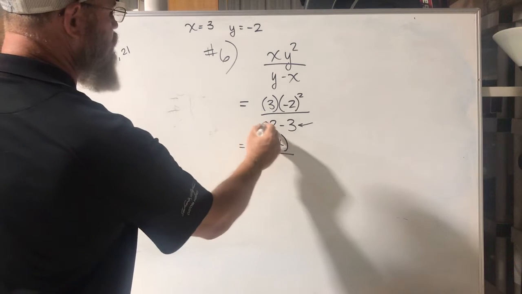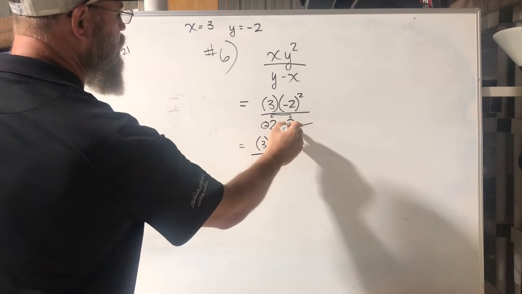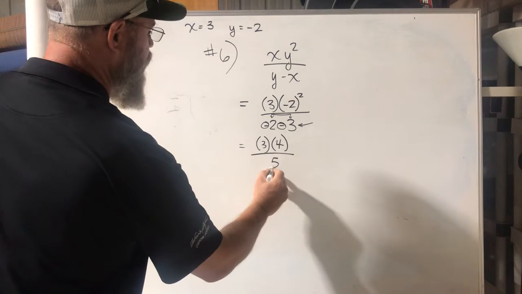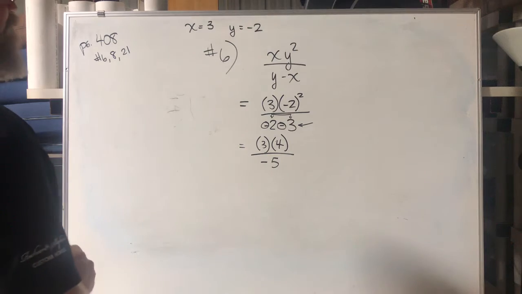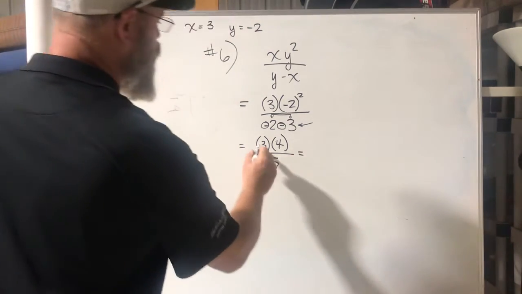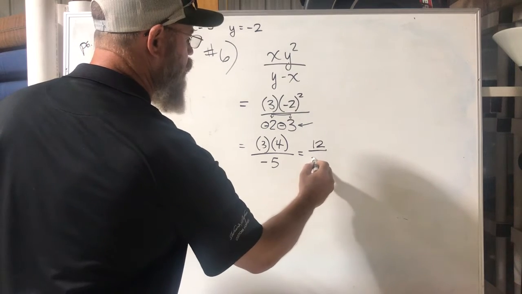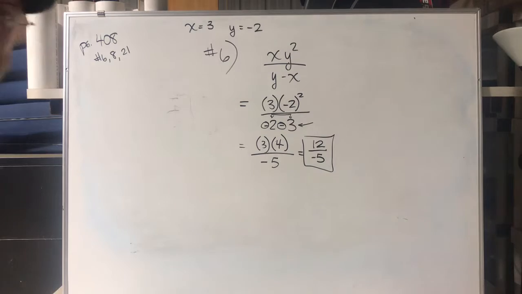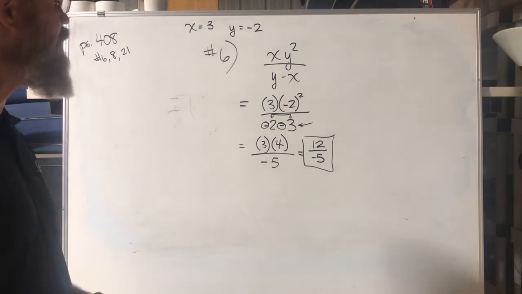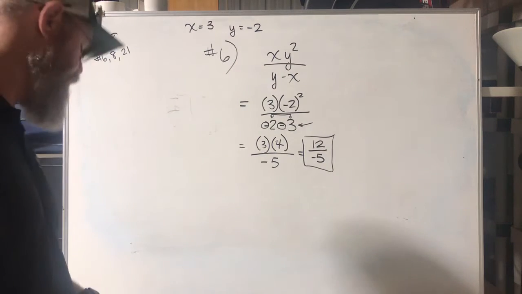Whenever we have the same sign, we add the two numbers. So 2 plus 3 is 5, and we keep the negative sign. So what does that equal? 3 times 4 equals 12 over negative 5. And that is your answer. So all it is, is plugging in numbers for the variables.